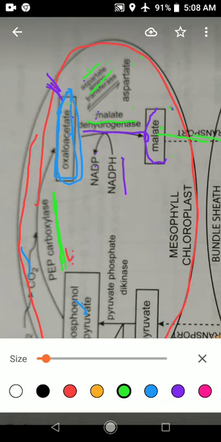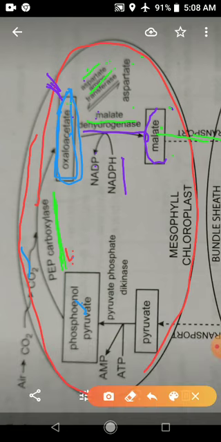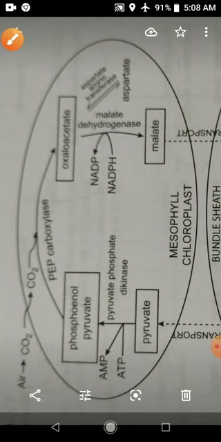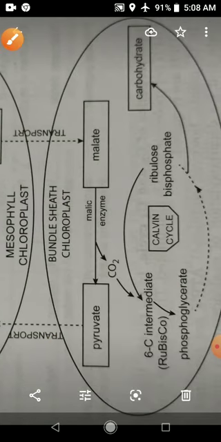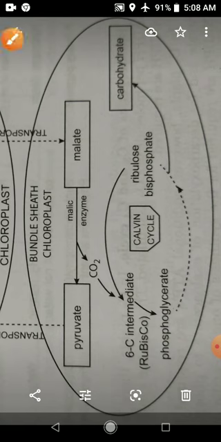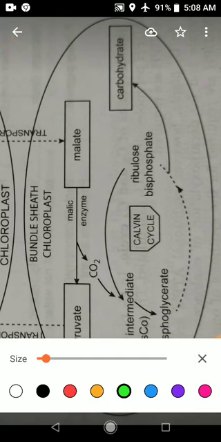Now you see the bundle sheath cell. In the bundle sheath cell, malate has come from the mesophyll cell. Now malic acid is present. That malic acid converts malate into pyruvate and carbon dioxide.